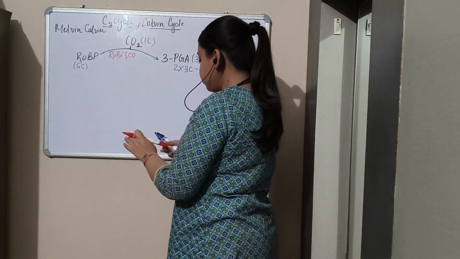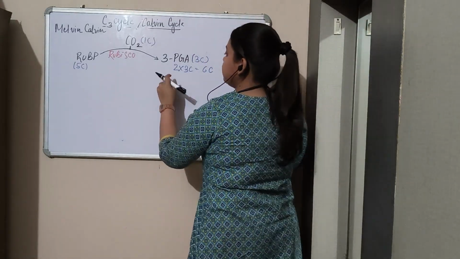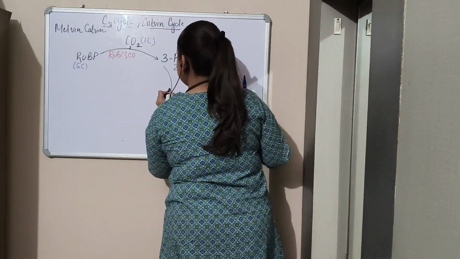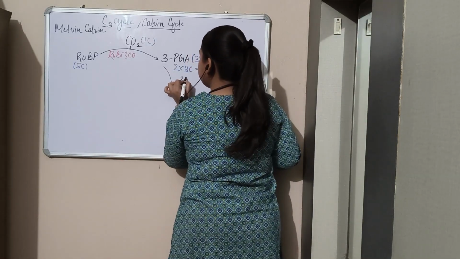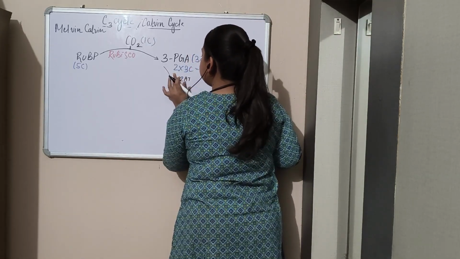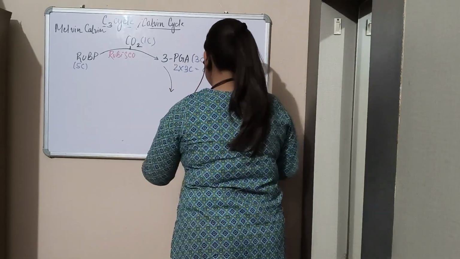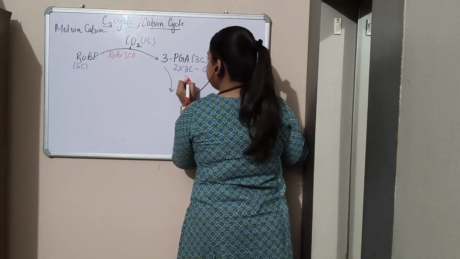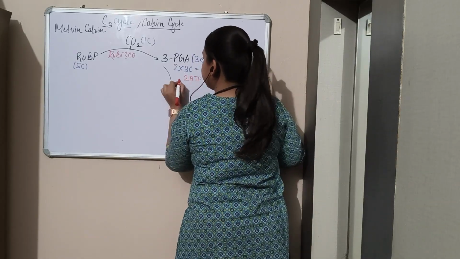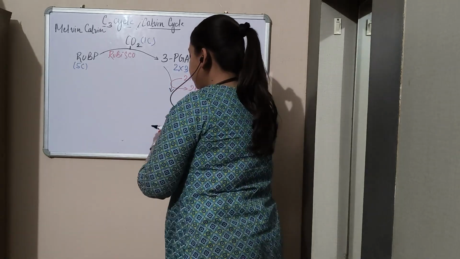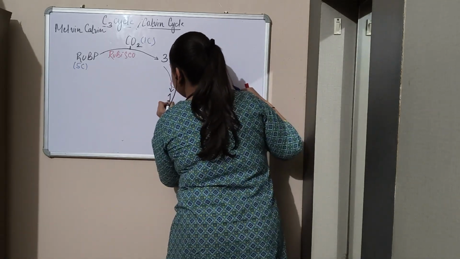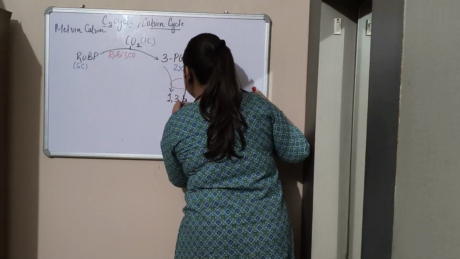In the next step, the 3-phosphoglyceric acid will utilize 2 ATP molecules. If I write it in red so that you can see, the 2 ATP molecules are utilized in this reaction to form 1,3-bisphosphoglyceric acid.